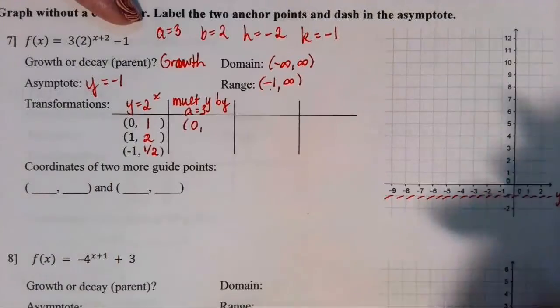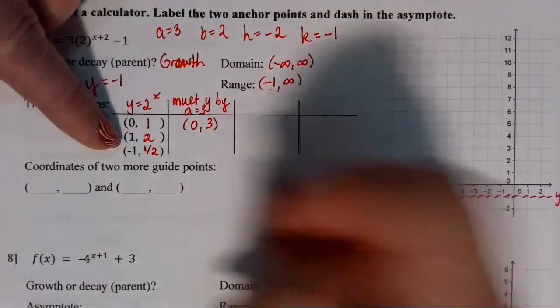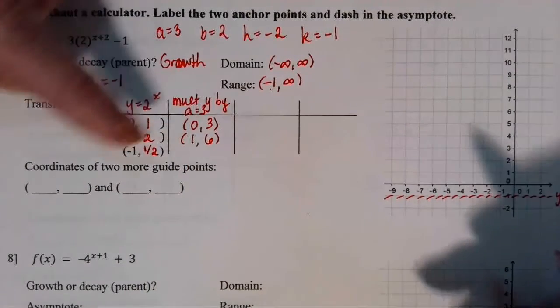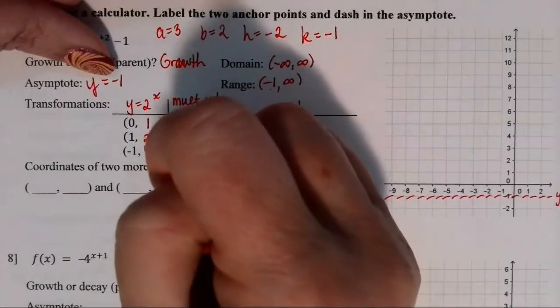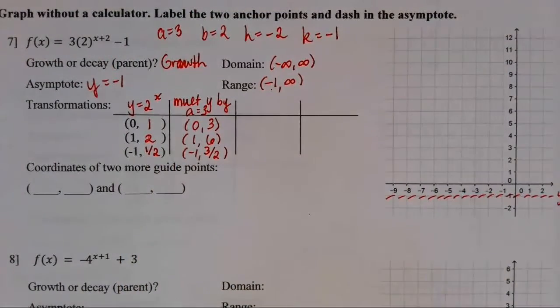So we'll have 0, and then 1 times 3 is 3. Then we have 1, and 2 times 3 is 6. Then -1, and 1/2 times 3 is 3/2.